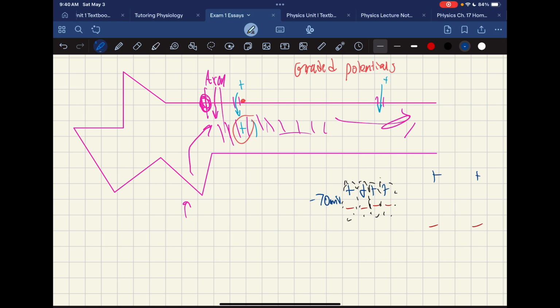But for example, each of these only has negative millivolts per pair, while here we see that this one and this one share negative 35 each.